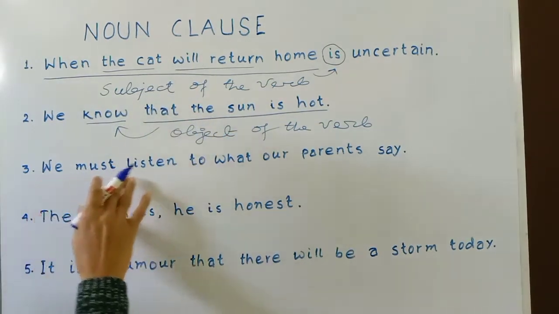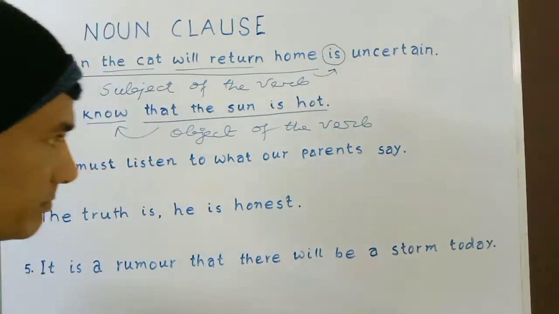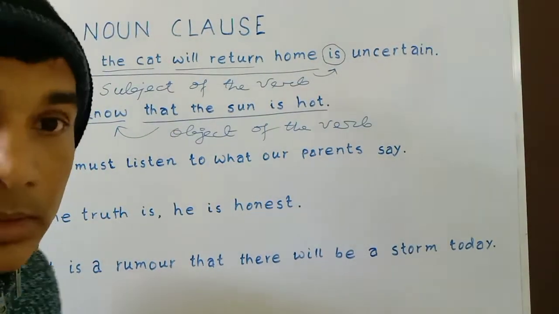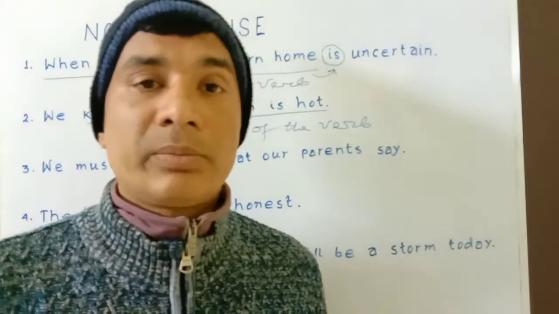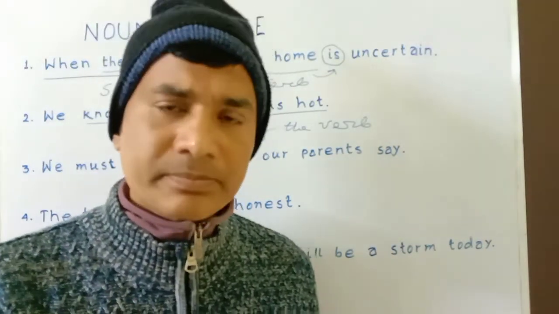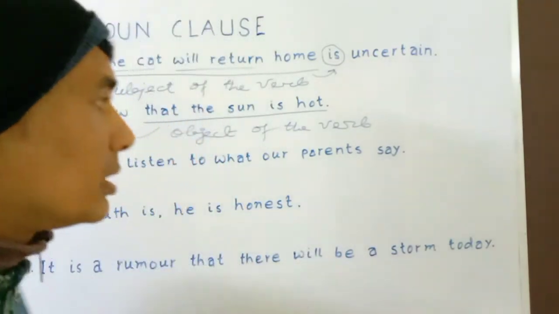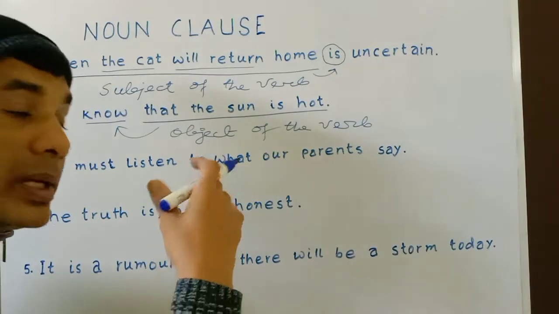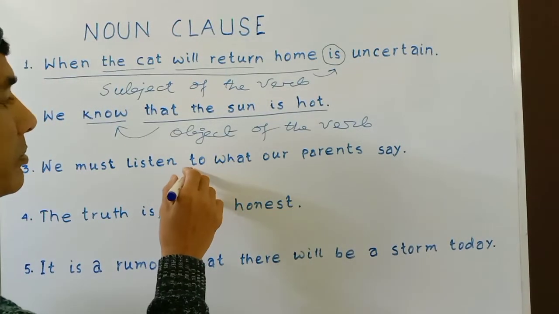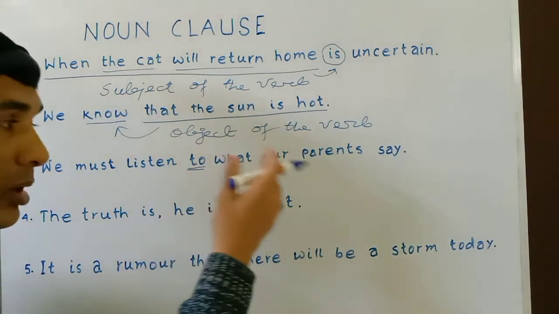Number 3: We must listen to what our parents say. We must listen to our parents. In our daily language, we say, listen to your parents, listen to your teachers. Parents is a noun. So listen to parents means listen to what our parents say. This to is a preposition, and it will take an object.